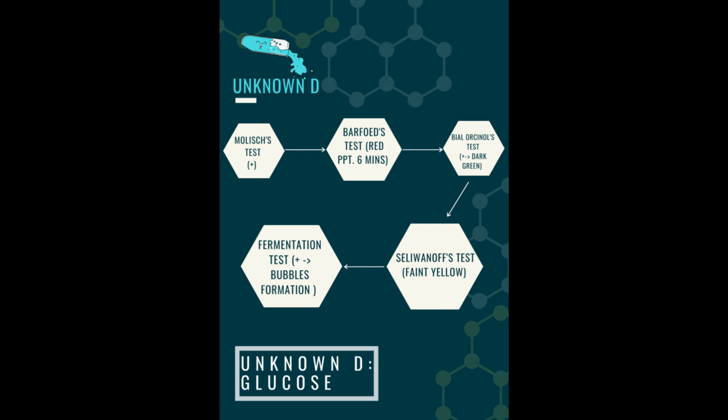So, next is unknown D. Molisch test, positive. Barfoed's test, formation of red precipitate in 6 minutes. Bial-Orcinol's test was performed, and it is a negative test. It did not form dark green, so it is negative. Hence, it is a hexose sugar.